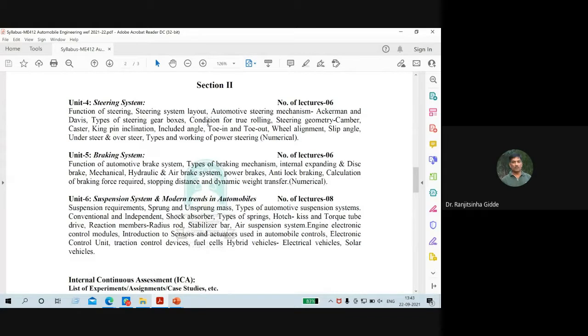So the controlling place is at one end, and that is useful to negotiate a turn or to control the vehicle. That means we are rotating the wheel, but at the front side we are going to get the turning in the left or right direction.